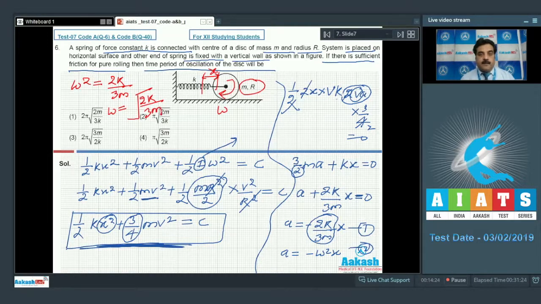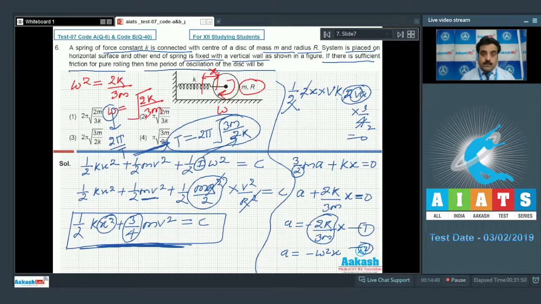That will give you the value of time period. You know omega is equal to 2 pi upon T. So when you calculate the value of T from this, you will get 2 pi root of 3m upon 2k. So this is how you can solve this question.